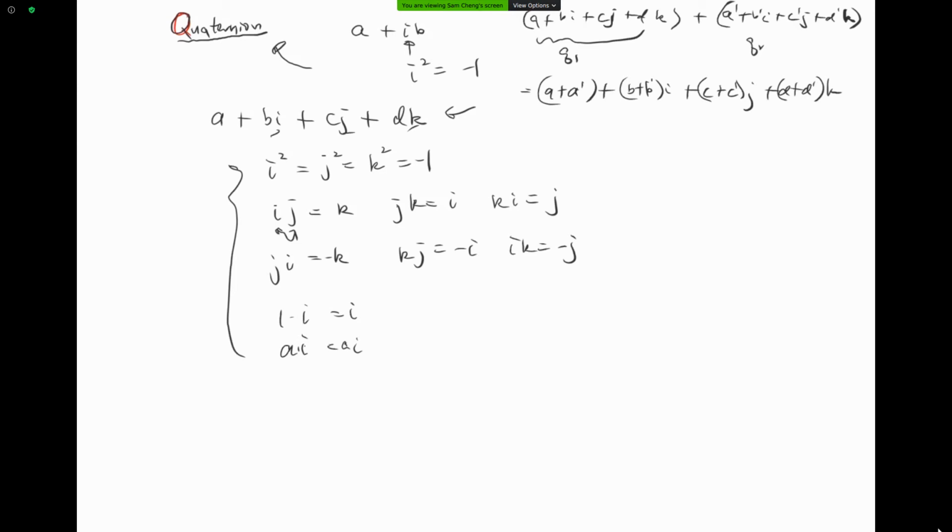And with that, we can show that the distributive law holds true.